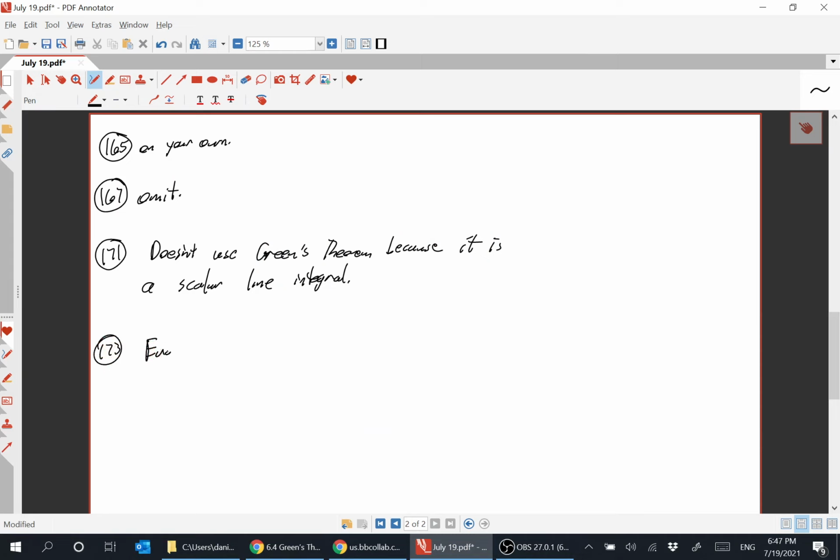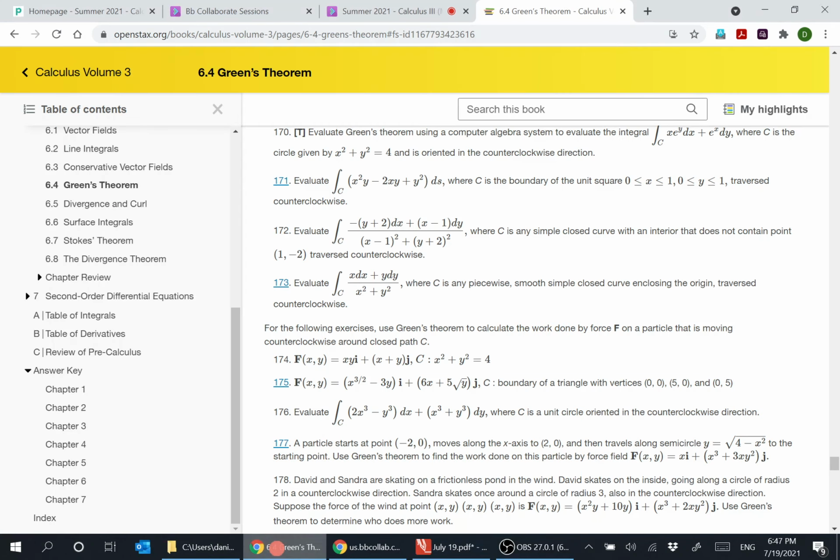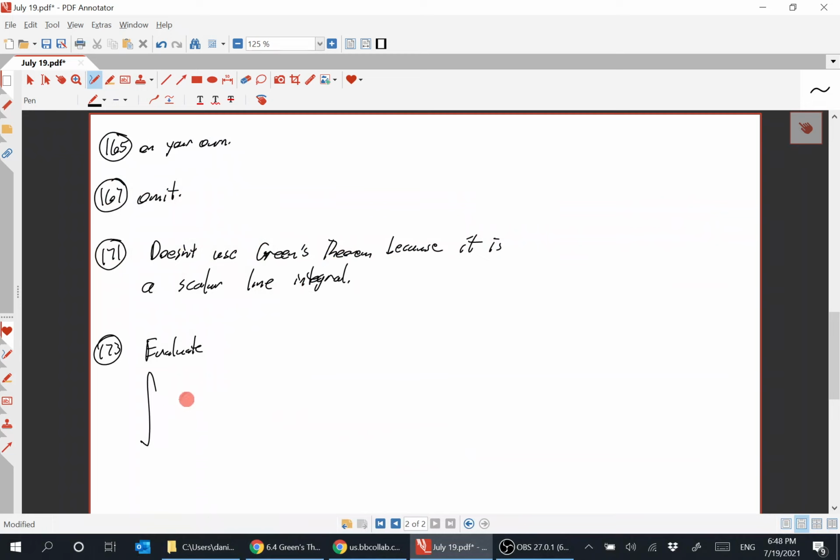So evaluate x dx plus y dy over x squared plus y squared over C, where C is any closed curve traversed counterclockwise.